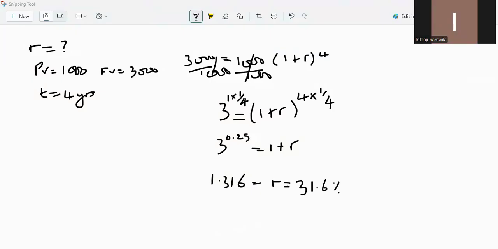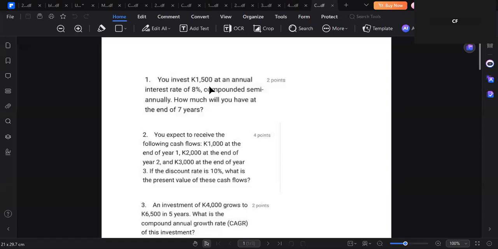Okay, let's look at your test question. You have 1,500, an annual interest of 8% compounded semi-annually. How much will you have at the end of 7 years? Okay, so what are we doing here?